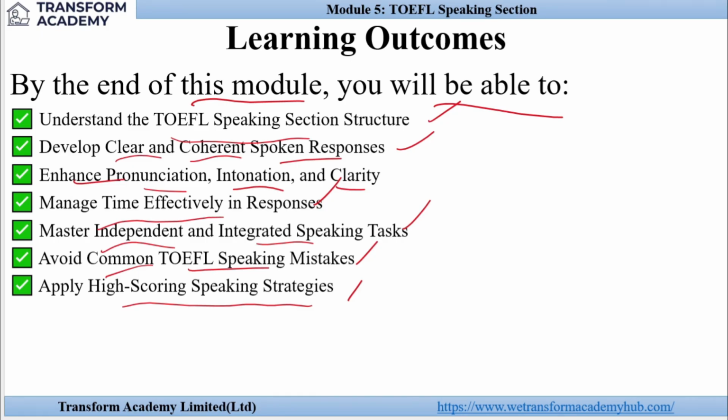These are the outcomes you will be able to achieve at the end of this module.